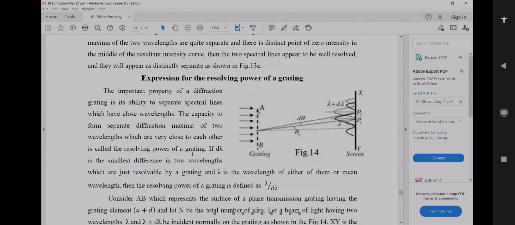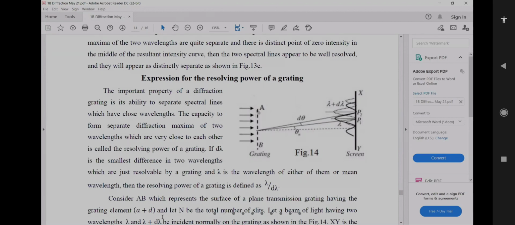If d lambda is the smallest difference between two wavelengths which are just resolved by a grating, and lambda is the wavelength of either of them or the mean wavelength, then the resolving power of a grating is defined as lambda by d lambda.